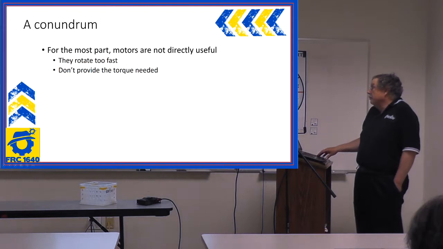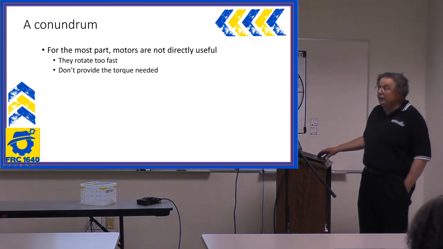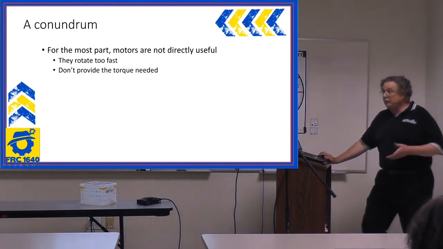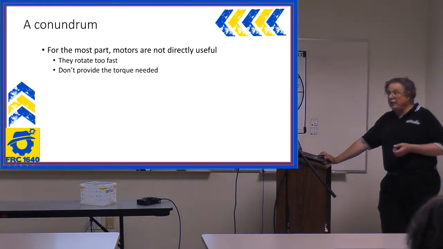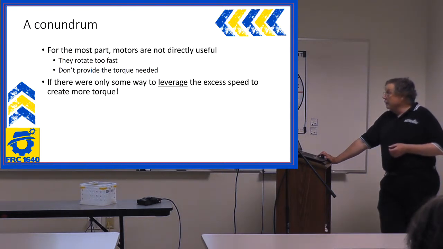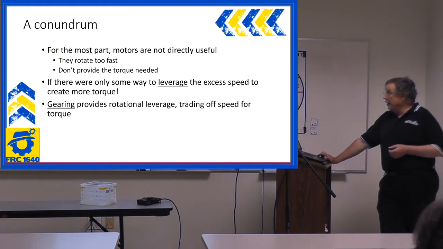So we have a conundrum. For the most part, motors are not directly useful. They rotate too fast. They don't provide the torque we need. Is there some way to leverage that excess speed to create more torque? And Shazam, gearing provides rotational leverage, trading off speed for torque.